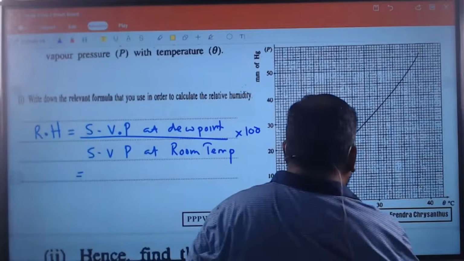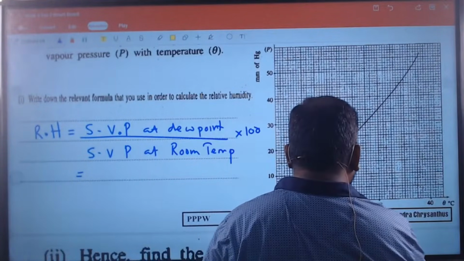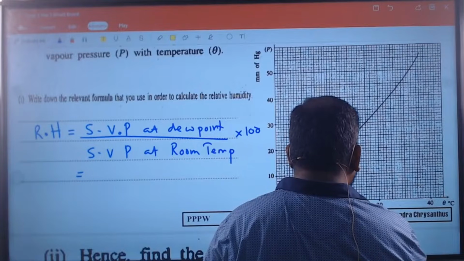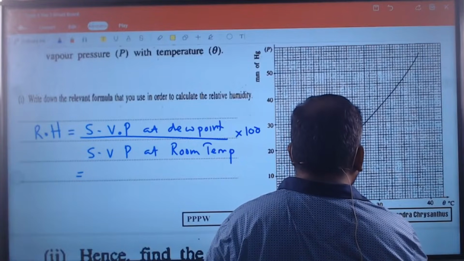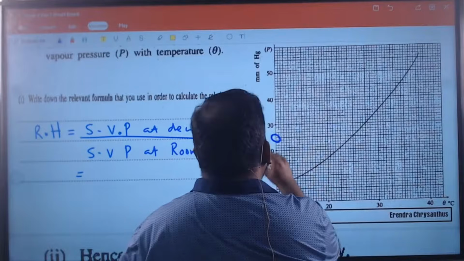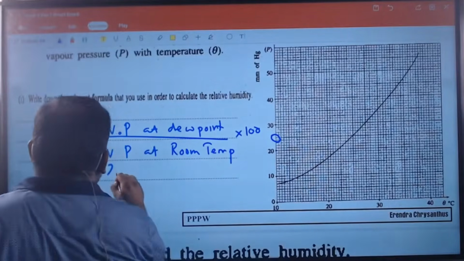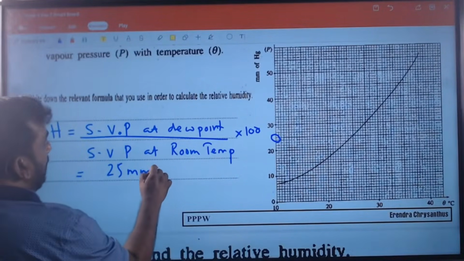SVP at dew point, 25 degrees, is 23 millimeter mercury.